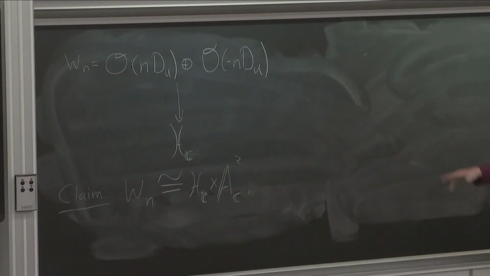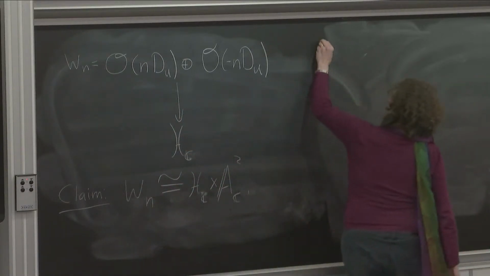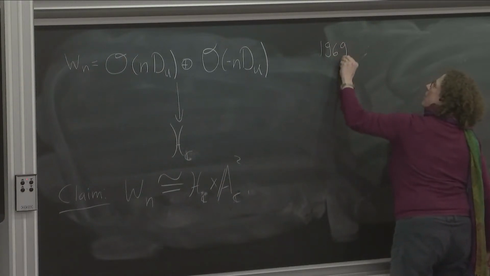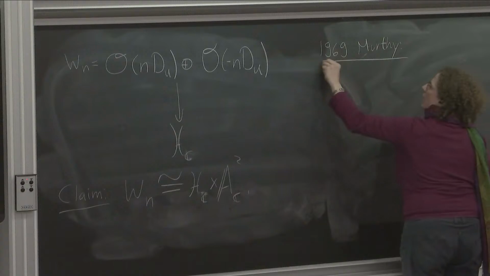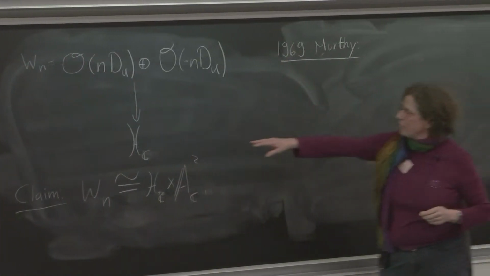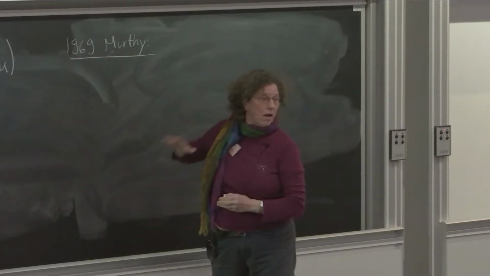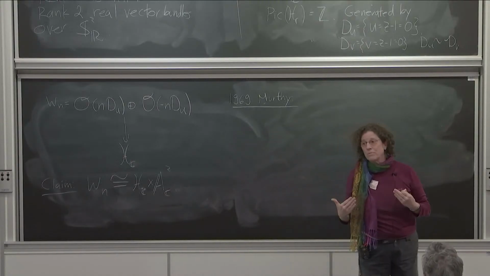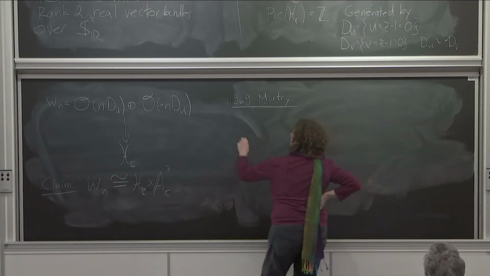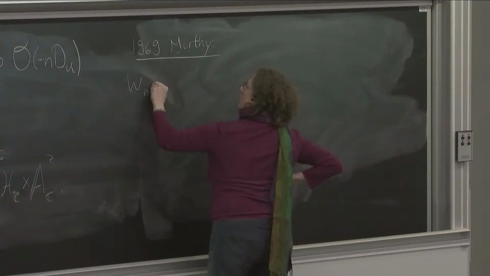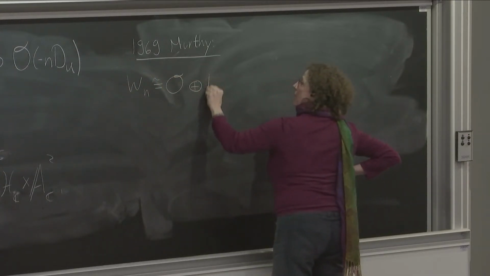Okay. So one of the ways to see this is by this result of Murdy. He said that over HC, which is the same thing as a complex sphere, any rank 2 vector bundle Wn can be factored into O plus some other line bundle.